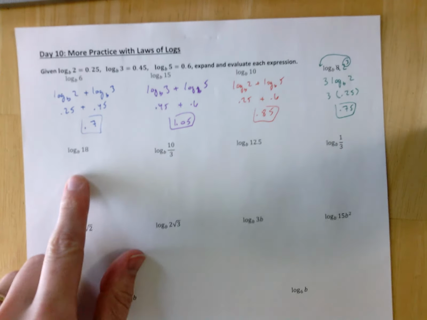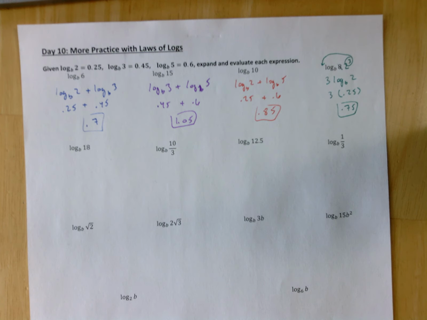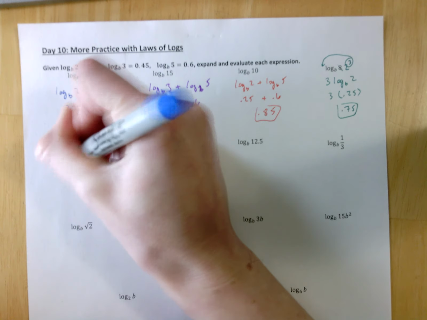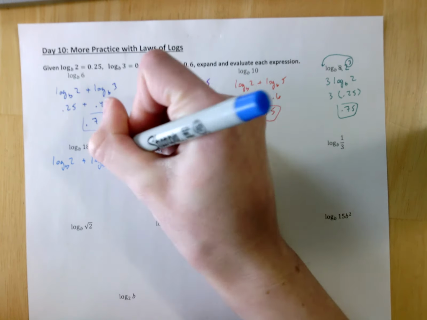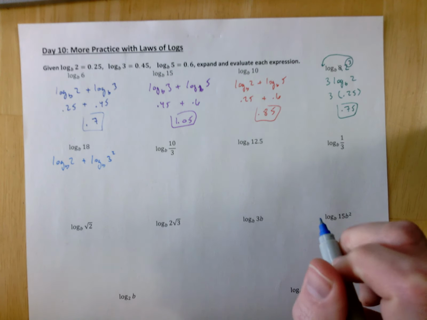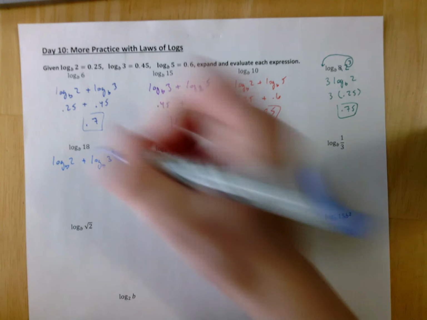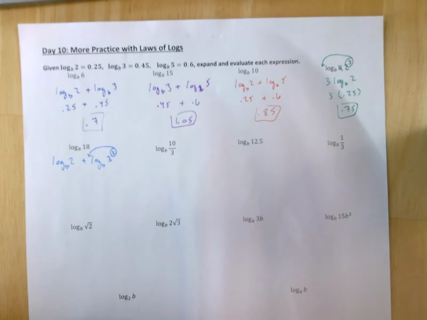All right, this one, 18. To get to 18, it's 2 times 9, and 9 is 3 times 3. So I'm going to rewrite this as log base b of 2 plus log base b, and instead of 9, I'm going to write 3 squared. Then I can drop that 2 down in the front.